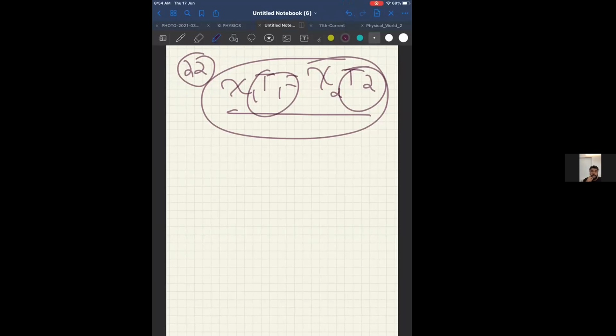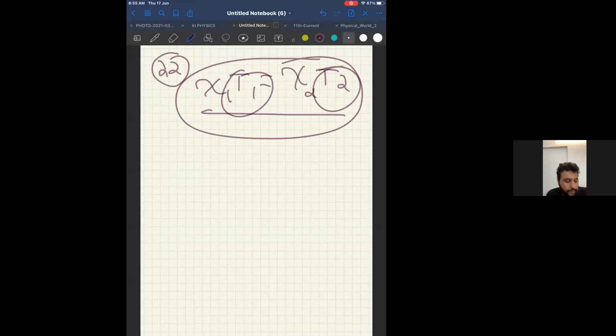And as you keep going towards the magnet, the field becomes stronger and stronger. Therefore, diamagnet goes away from the magnet, from the stronger part to the weaker part. Answer for the 15th one is C.